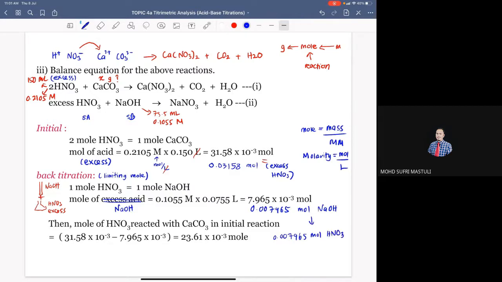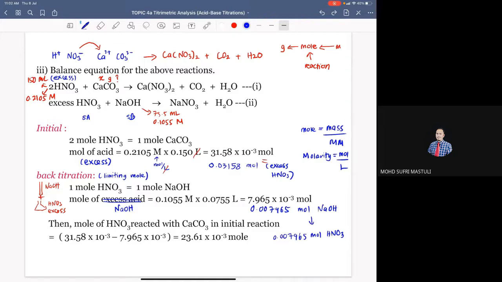This is not the limiting mole. This is the mole that reacts with sodium hydroxide during the back titration. So now we have to calculate the limiting mole.